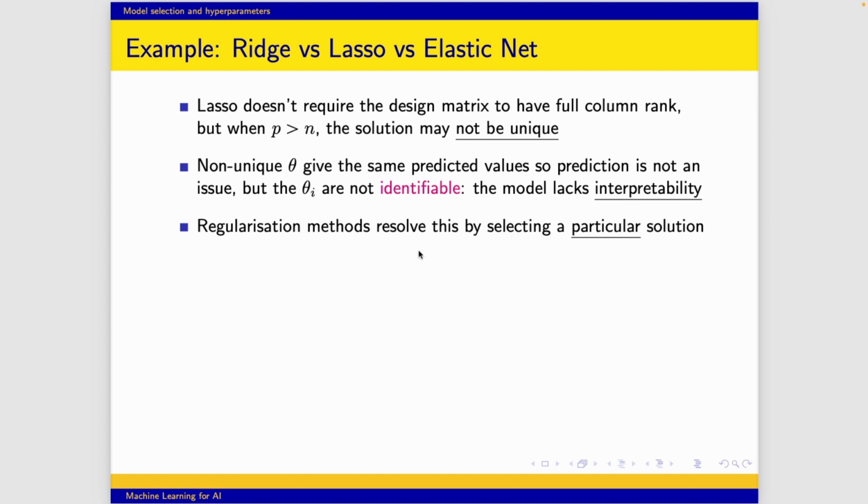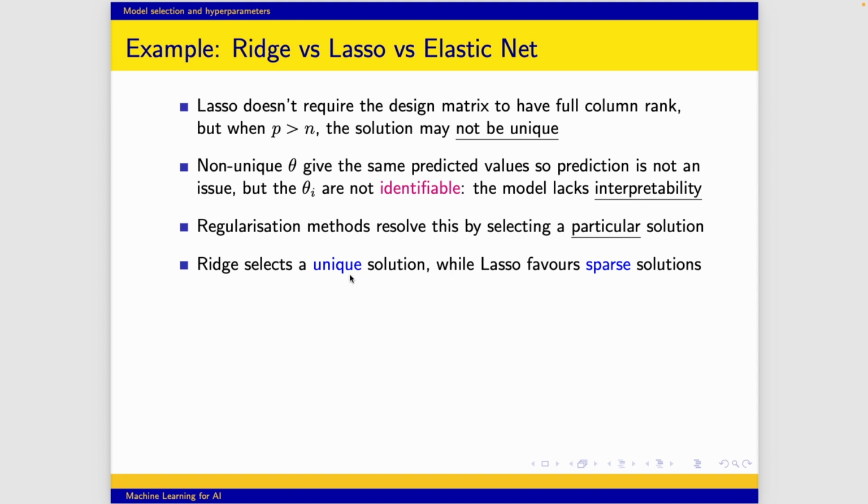So what does regularization do? This is another view of regularization in these cases, or another use of regularization and why it's so potentially useful: it selects a particular solution. In the case of Ridge, it will select a unique solution.